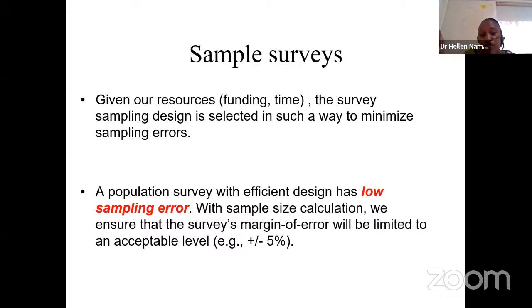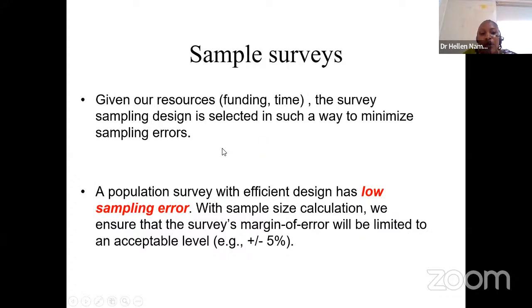Time can be a constraint. And so instead of taking the whole population, you decide to go into what we call a sample survey. So surveys are sampling designs that are selected in a way that you want to minimize sampling errors.